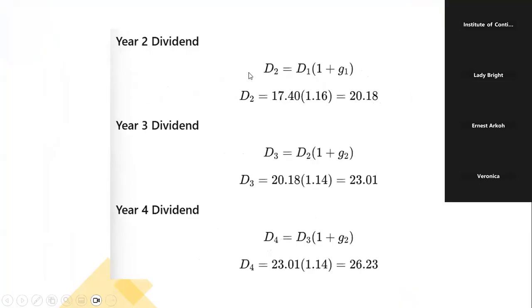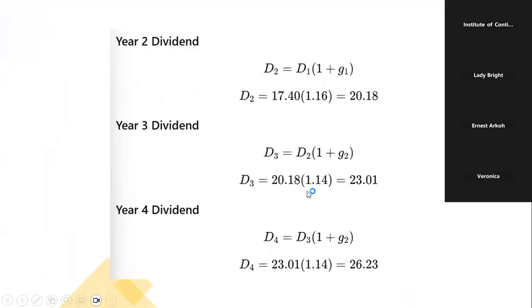Then dividend in year 2 will now become D1, then the growth is applied to it. So we have 20.18. Dividend in year 3 will be year 2 plus change in dividend, which gives us the third year, we are using 14%.